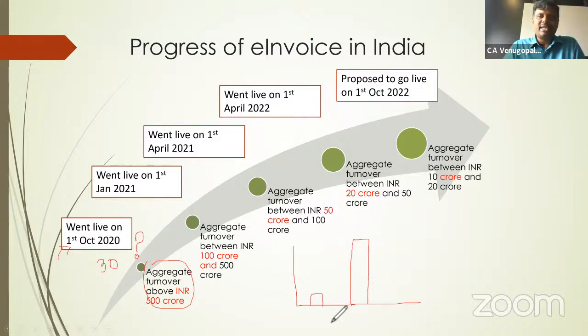But when they generate an e-invoice, the quantum of data generated by these users is this big curve, while the data generated by other users is this curve. So in the first phase of testing, they implemented the e-invoice for this category of customers, and the system did not fail, did not fall flat. It handled well. Very soon they rolled it out to more than 100 crores, more than 50 crores.